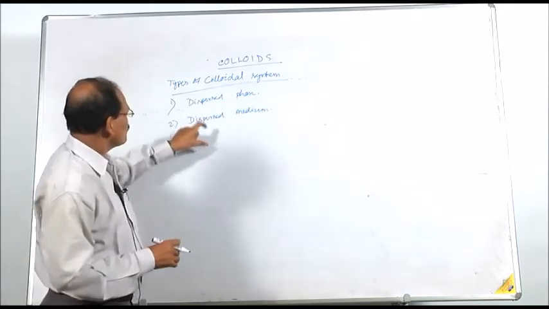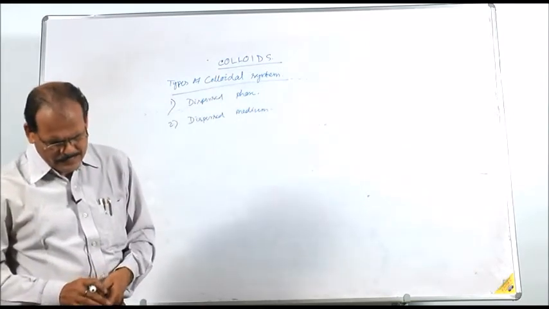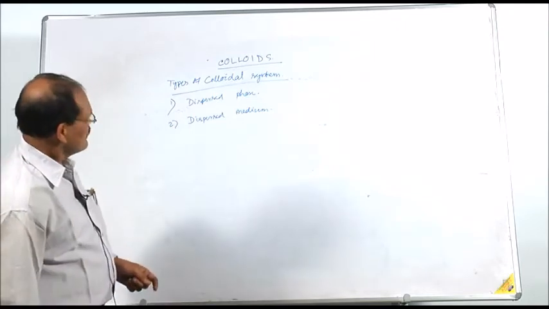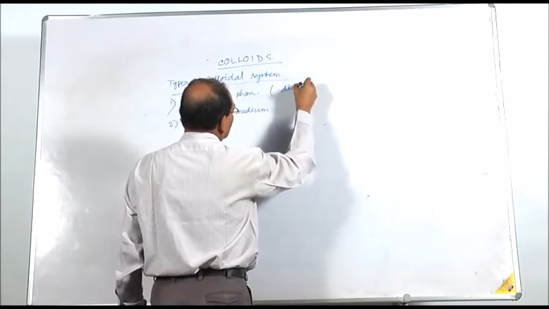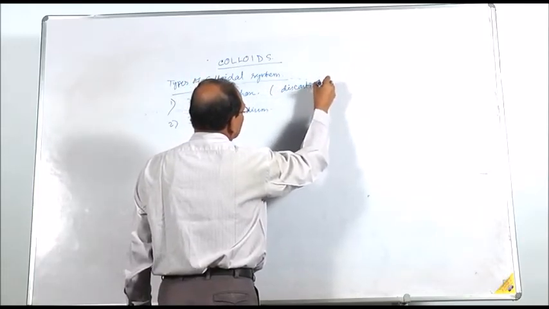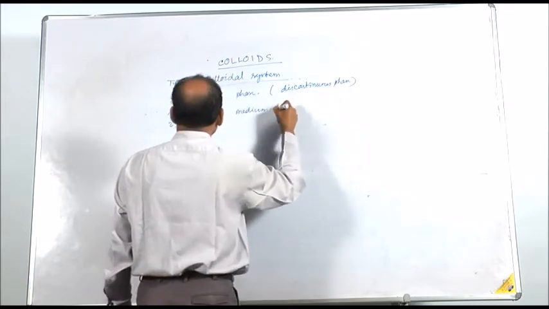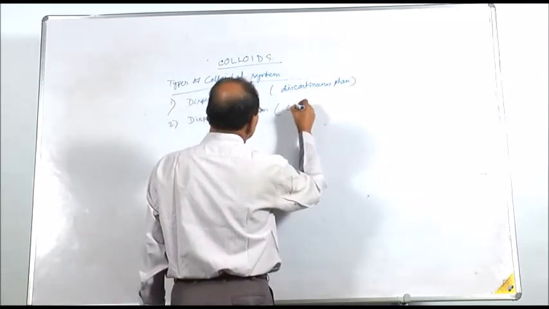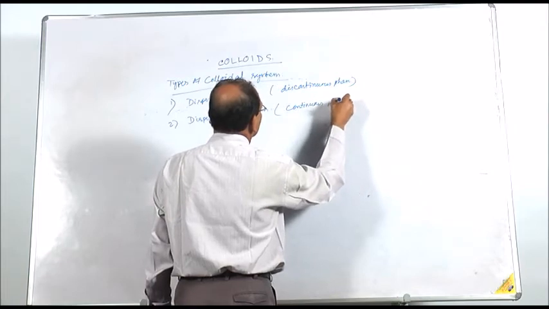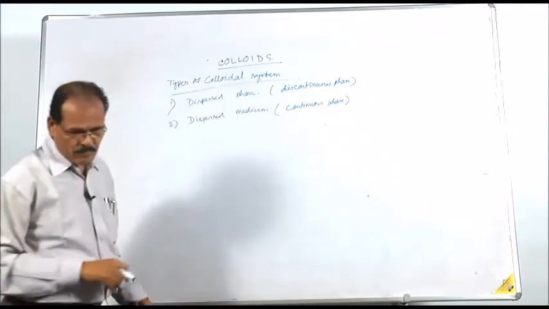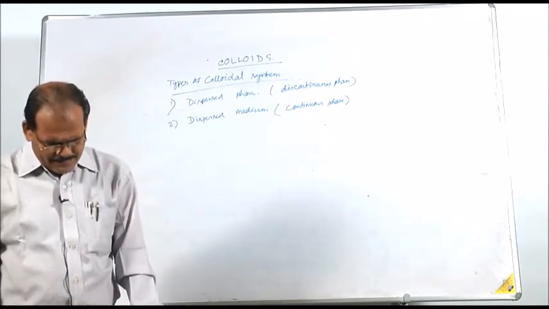So there are two things, dispersed phase and dispersed medium, and in that case the dispersed phase is a discontinuous phase, and the medium is a continuous phase. Suppose you take the particles in discontinuous.